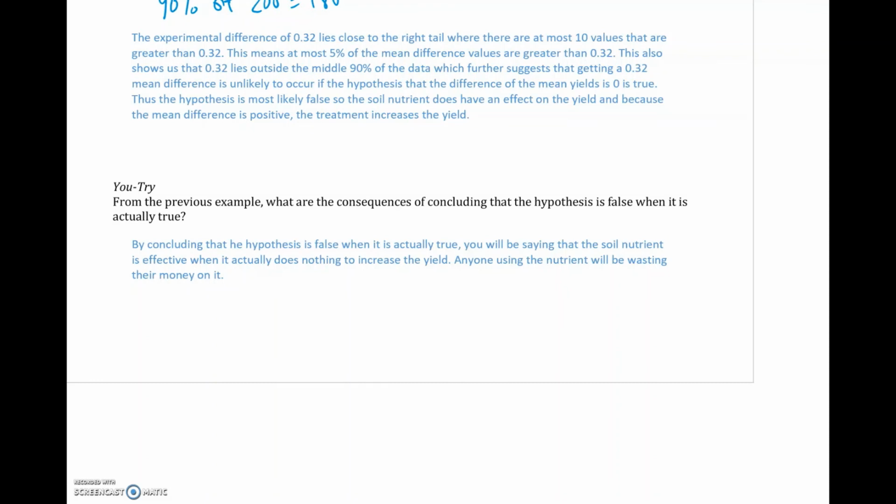If we were wrong by accident in this case, we could have somehow given consumers confidence that they should go out and buy this product when it actually does absolutely nothing for us. Then we've asked people to go out and waste their money on a treatment that's ineffective. So that's something to really think about, why we want to be very careful, very precise and accurate when we are making inferences.